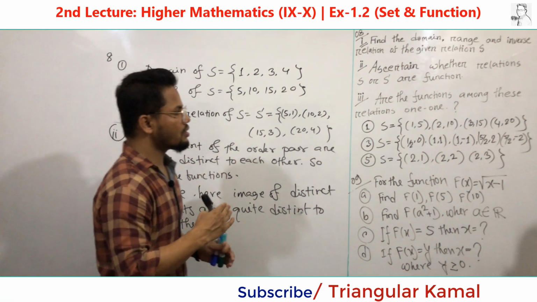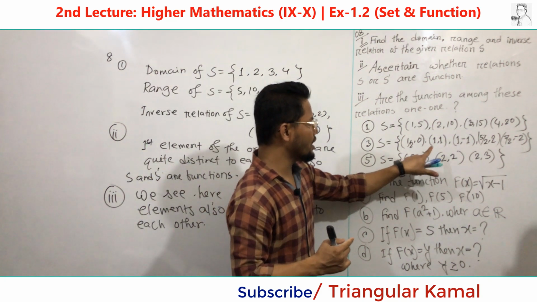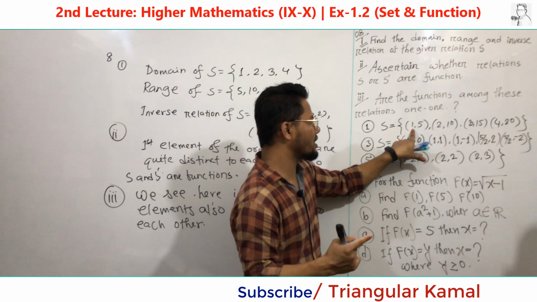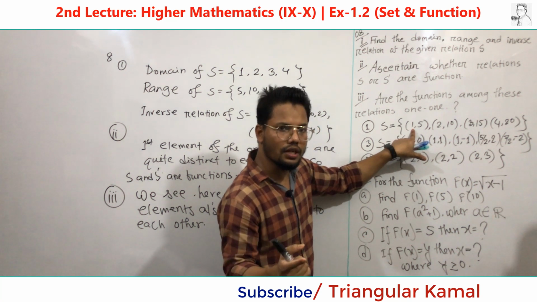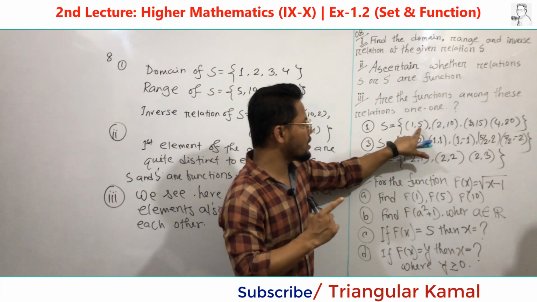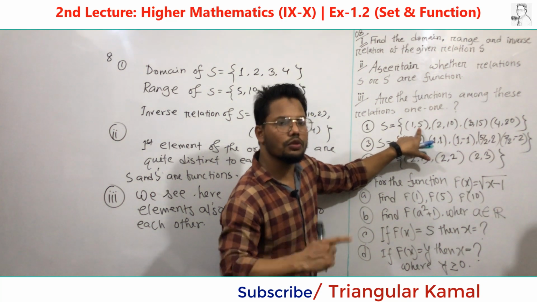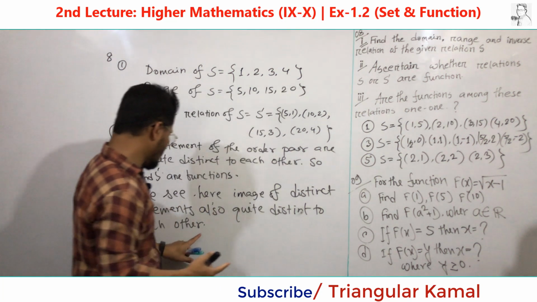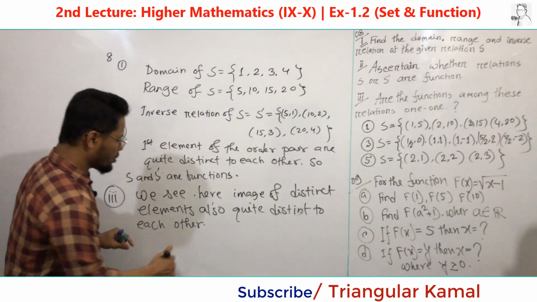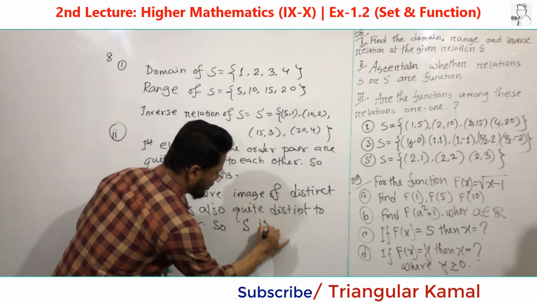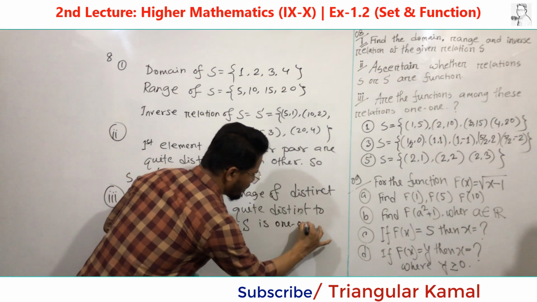That means the range, the images of the first elements of the domain, are different from each other. That means you can also say the image of distinct elements is also quite distinct. That's why you can say S is a 1-1 function.